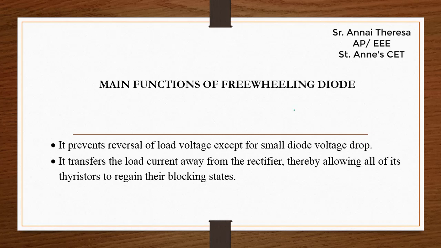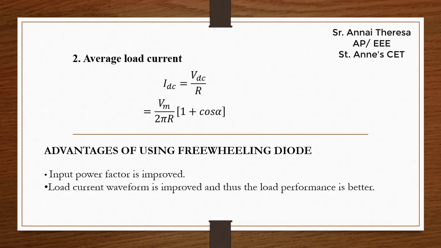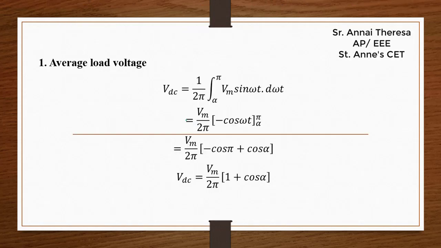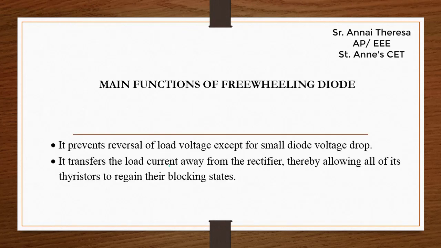During the negative cycle of the input voltage there is no conduction, so it prevents the reversal of load voltage. If you see the waveform, during the negative half cycle the output voltage across the load is zero, so the freewheeling diode prevents that negative voltage.